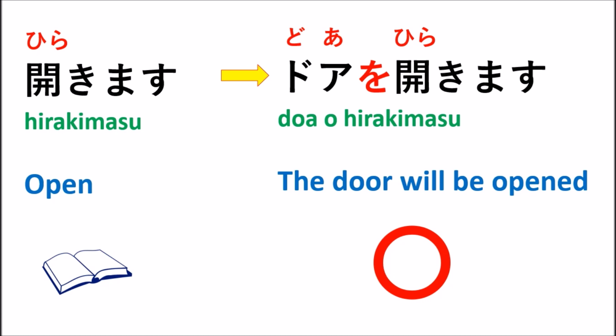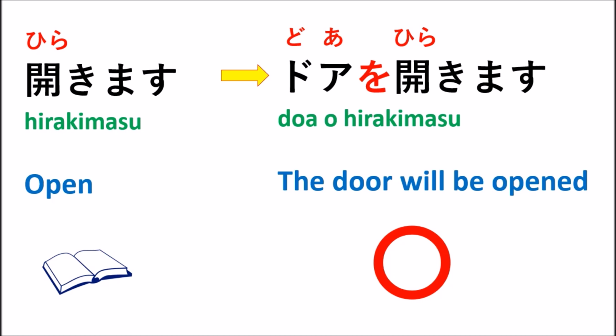And the meaning of hirakimasu is that you open and you look at the inside of something. For example, the book. You open the book and you look inside the book. For example, if we say in Japanese nakami o miru, actually they use the verb hirakimasu.